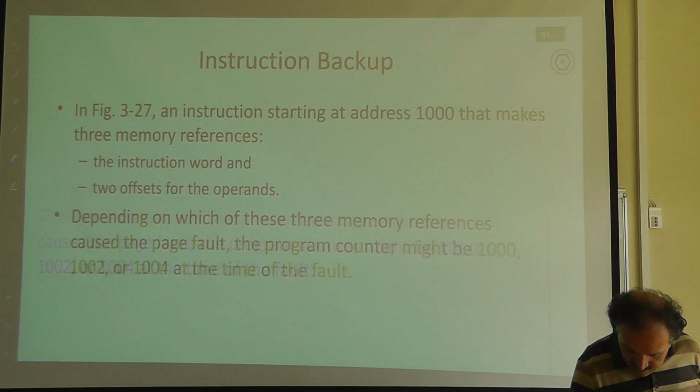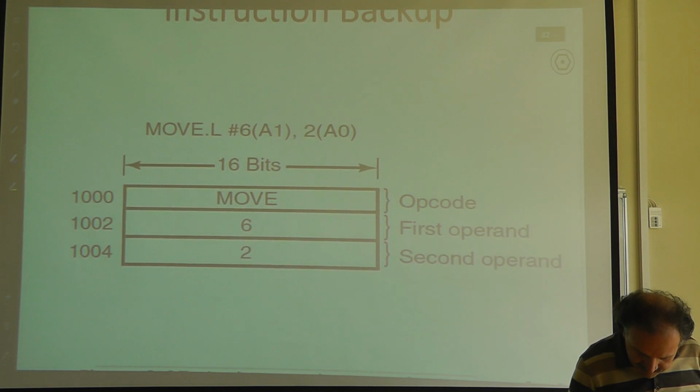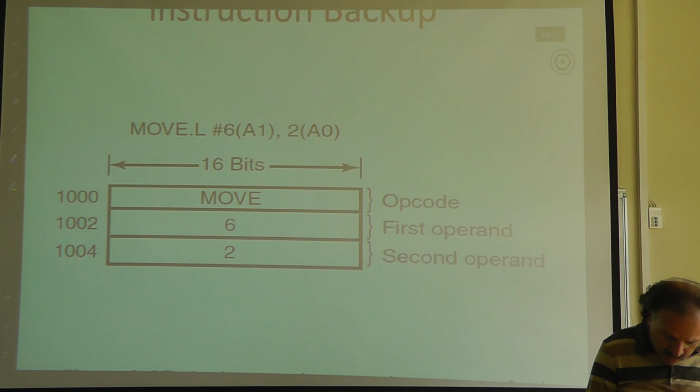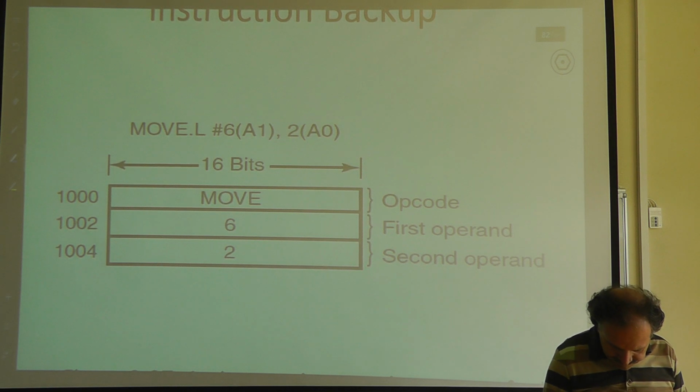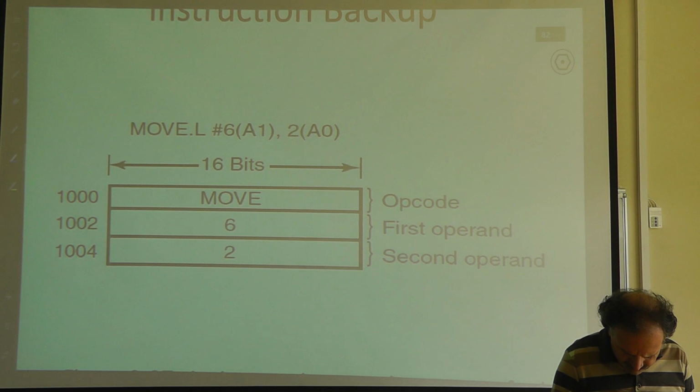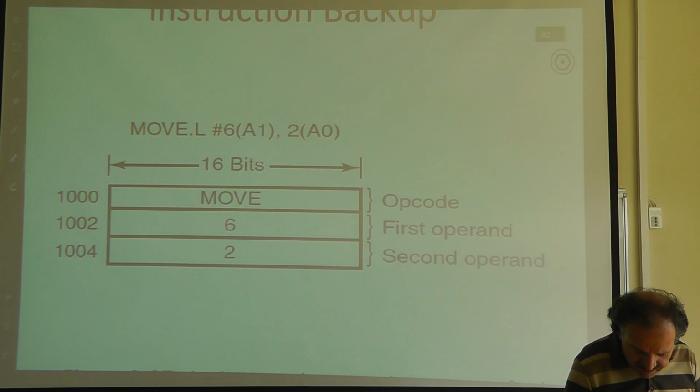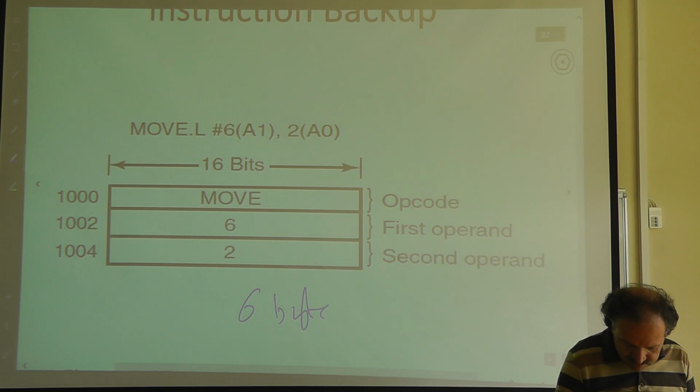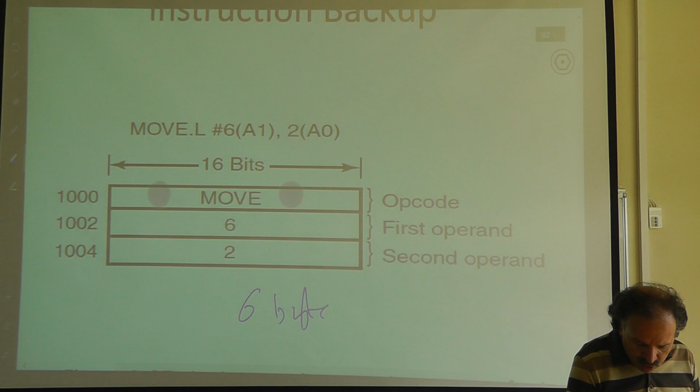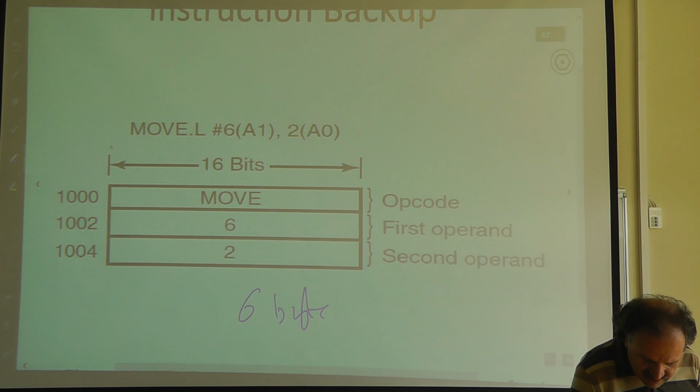Let's say I have this instruction. What does this do? Move L. It's a 6-byte instruction, so it's a long instruction. The first 2 bytes are for the opcode, and then there is the first parameter and the second parameter. Just take a guess.